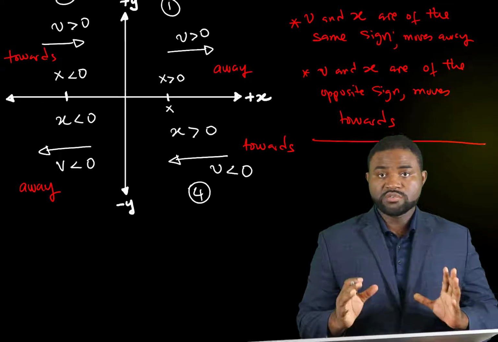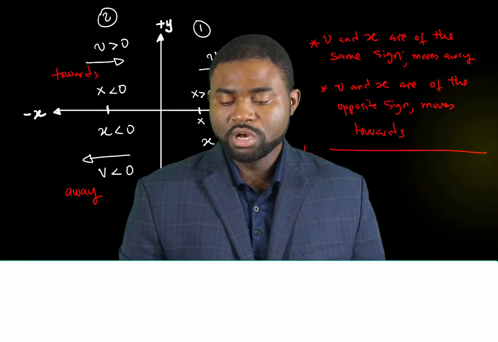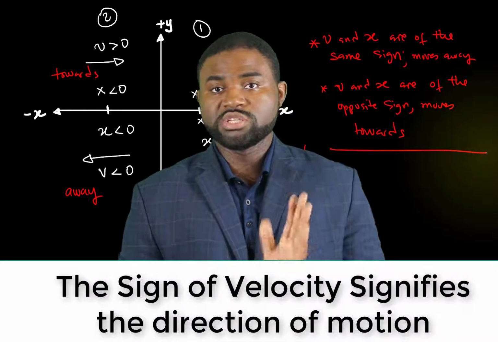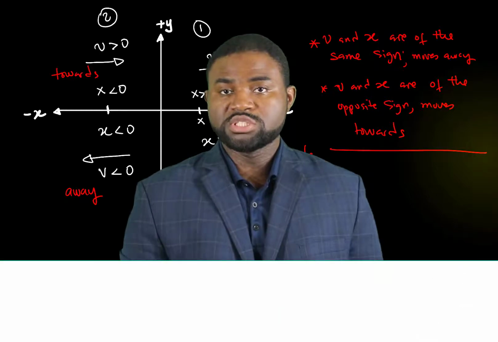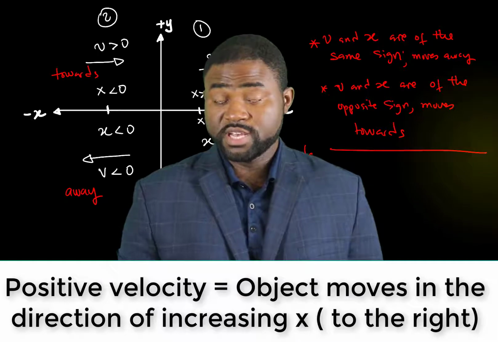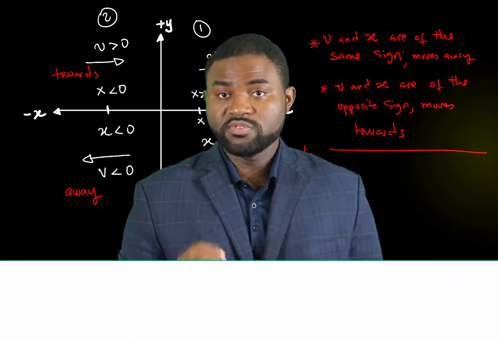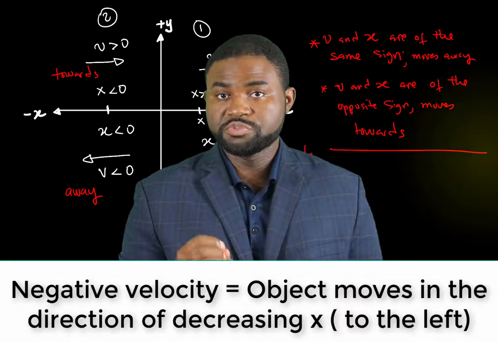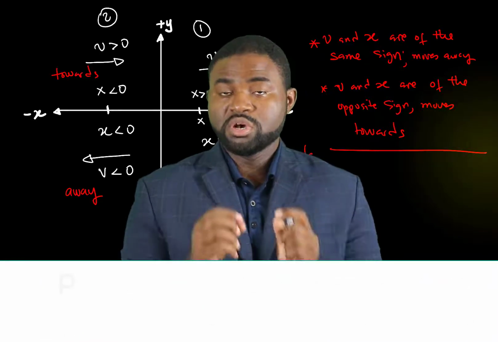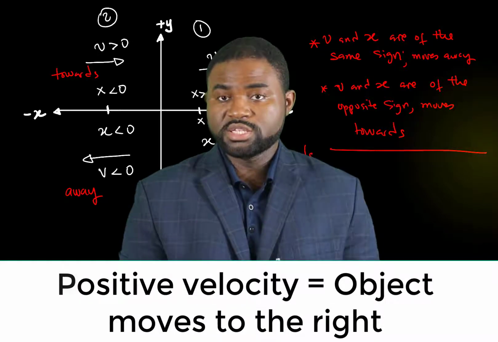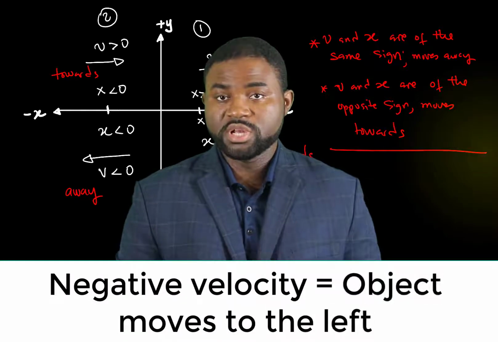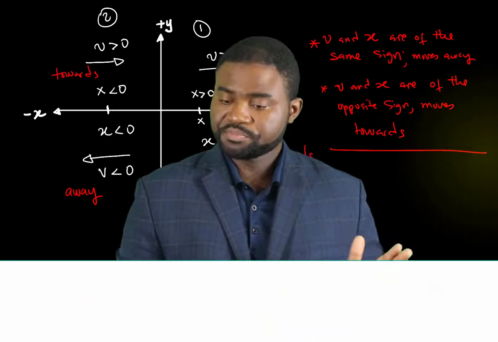So before we end this very short section, keep in mind that the sign of velocity signifies the direction of motion. A positive velocity means that the object is moving in the direction of increasing x, and a negative velocity implies that the object is moving in the direction of decreasing x. In other words, a positive velocity implies that the object is moving to the right, and a negative velocity implies that the object is moving to the left.